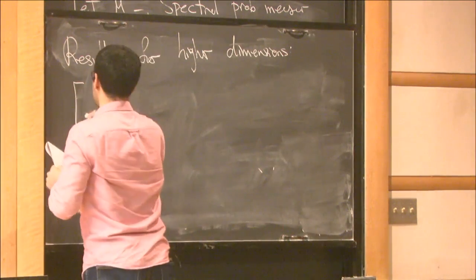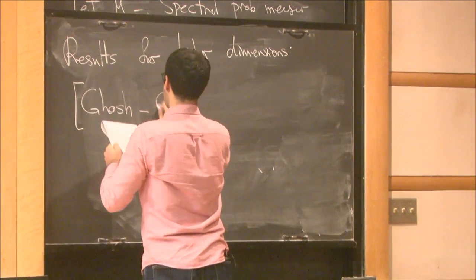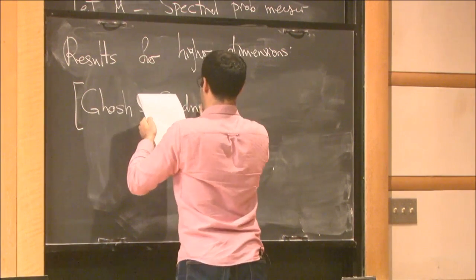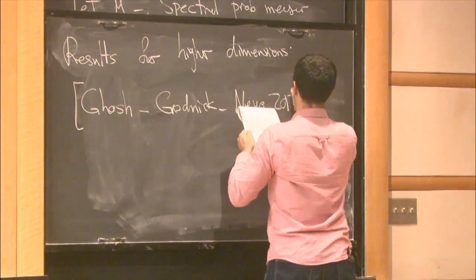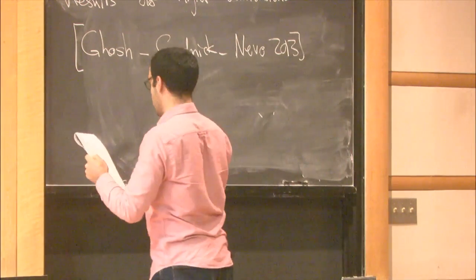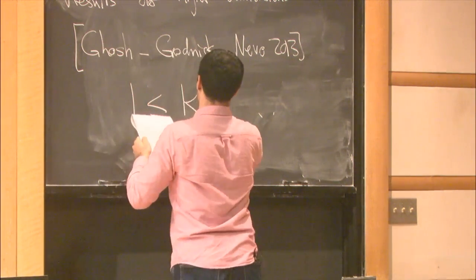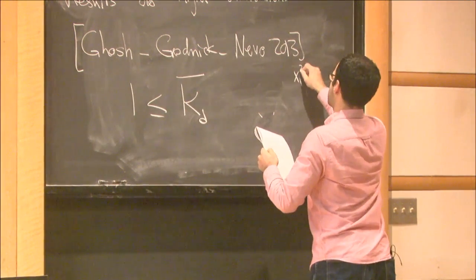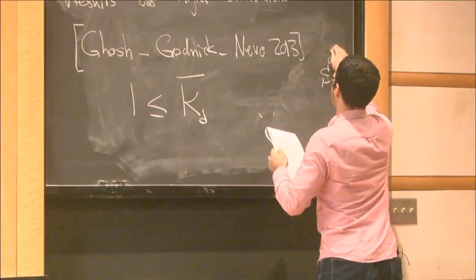So by using the best known bound toward the Ramanujan conjecture for orthogonal groups, Ghosh, Gorodnik, and Nevo in 2013 in fact proved the same bound for K3, but they also proved the following. Let K_D be the covering exponent of sums of D squares, for S^D, sums of D plus 1 squares.